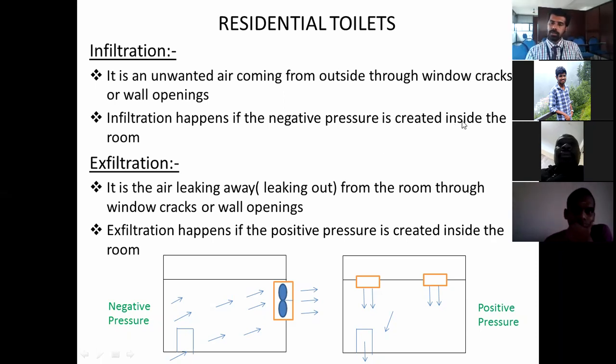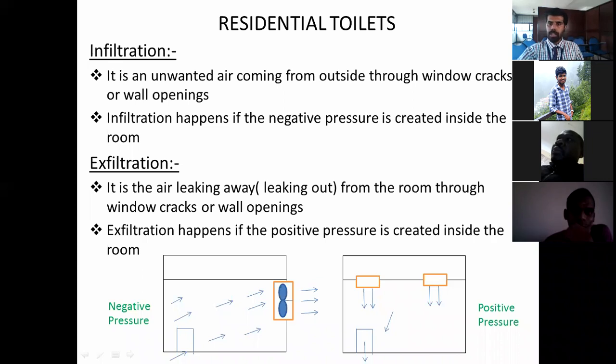In toilets and all, below the door, some part will be open. There will be a square shape or a rectangular shape, some grills or something like that. That is known as the door undercut.